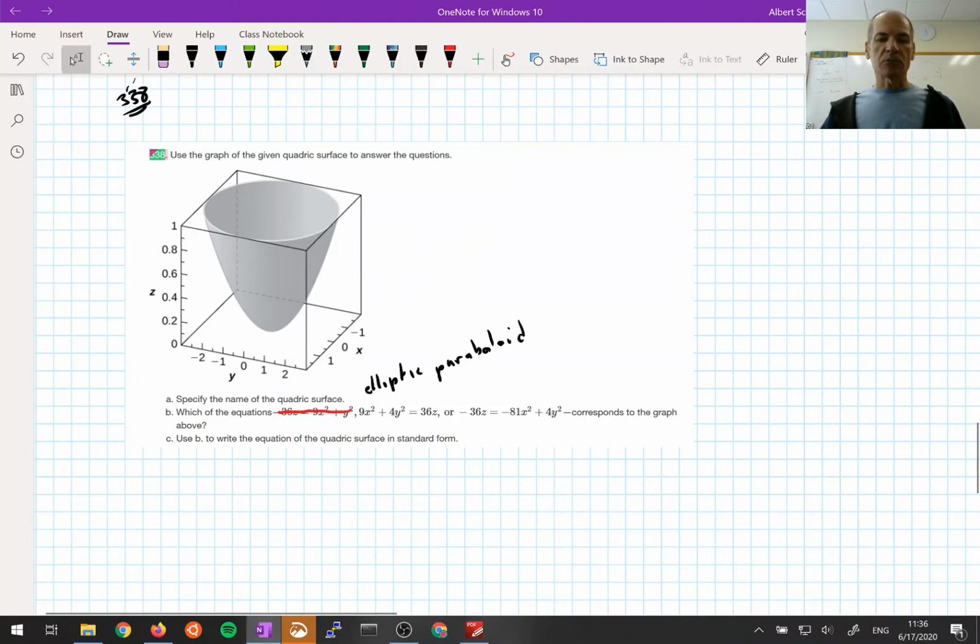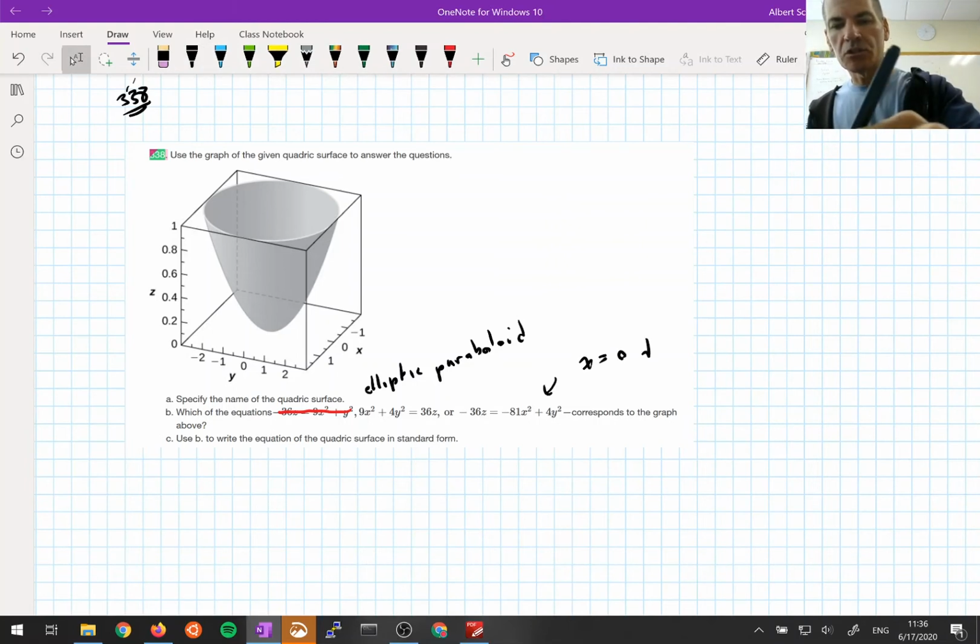Let's jump to the last one because I happen to know that it also is not the correct answer. For this one, it's a little less obvious. The right-hand side has a mixture of positive and negative terms. So maybe we'll look at a trace to understand the surface a little better. Let's look at the x equals 0 trace. What should that look like?